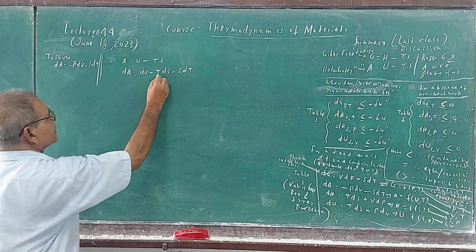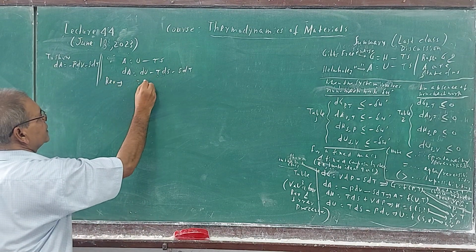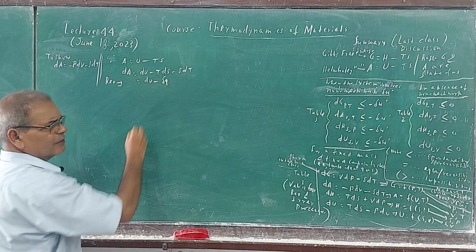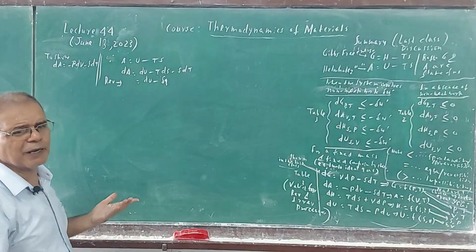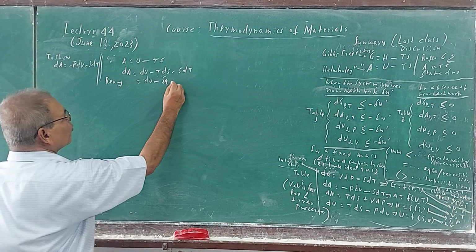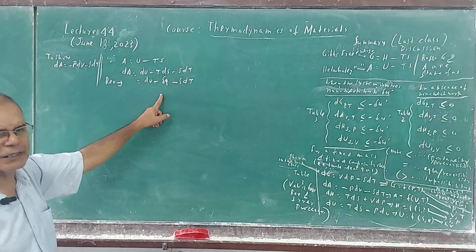If it is reversible, what is this? TdS is dq reversible; dS is dq reversible by T. So dU minus dq is what?